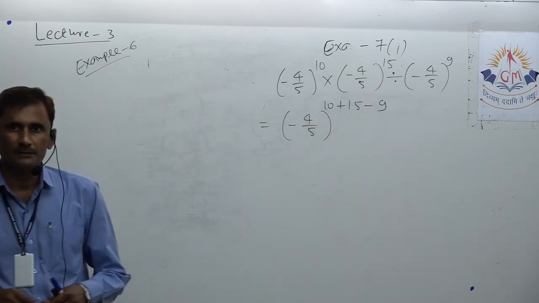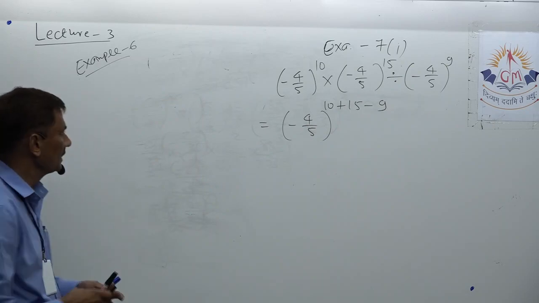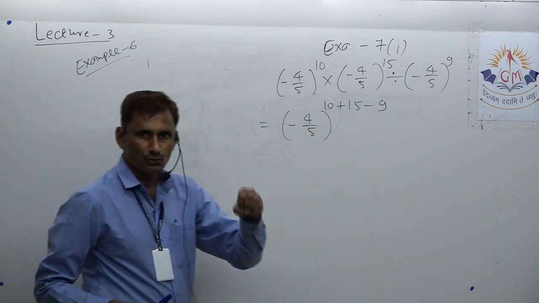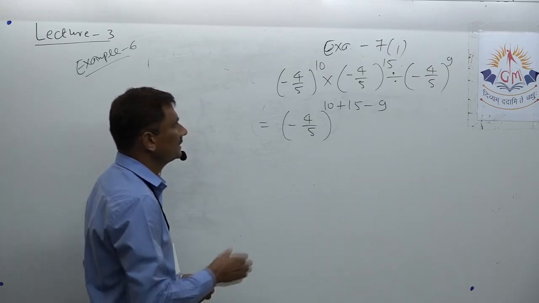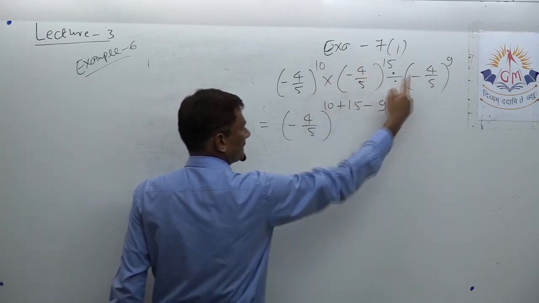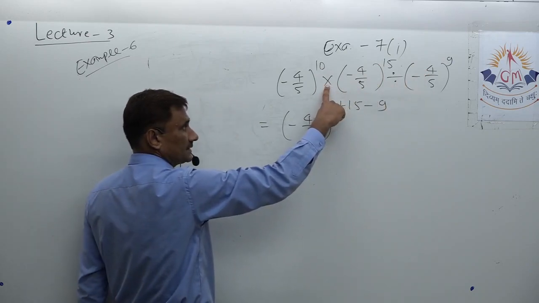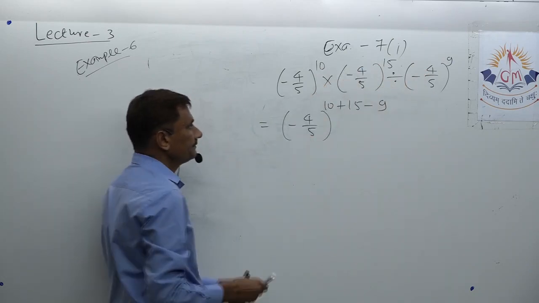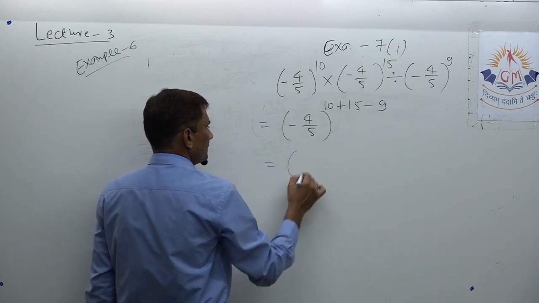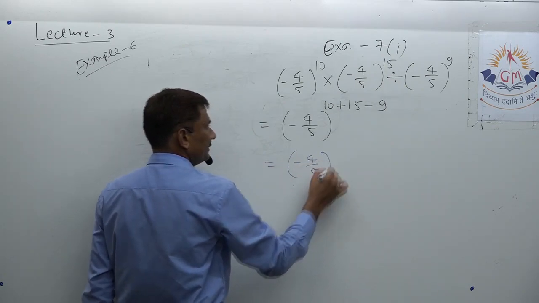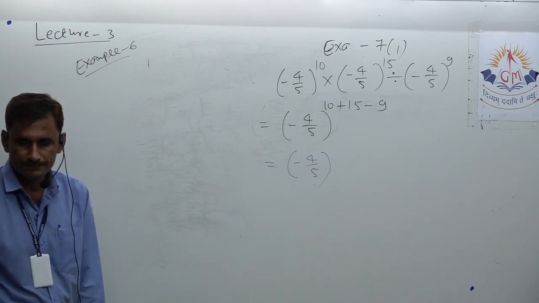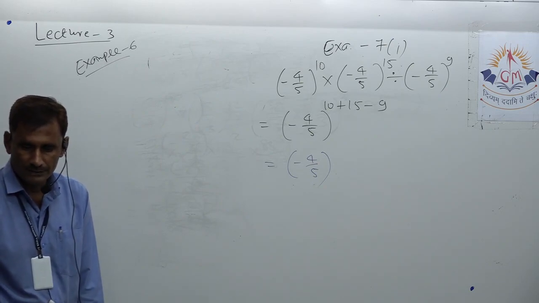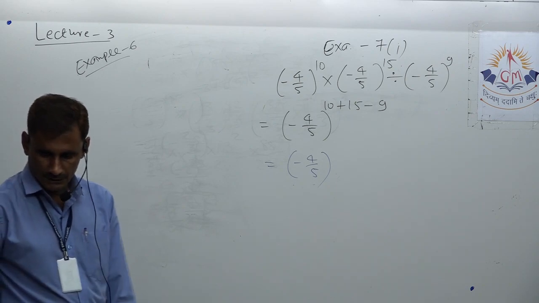Because it is in division. Okay, so we are just applying both together, so within one step we will get the answer. Understood? 10 plus 15 minus 9, why? Here is product, there is division. So it becomes minus 4 by 5 raised to 16.